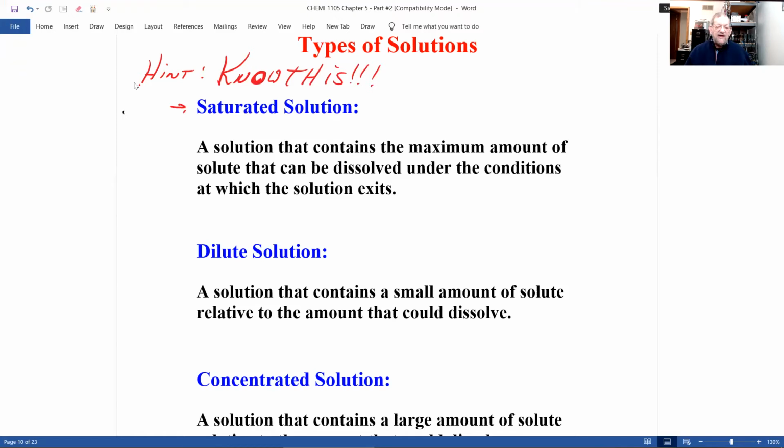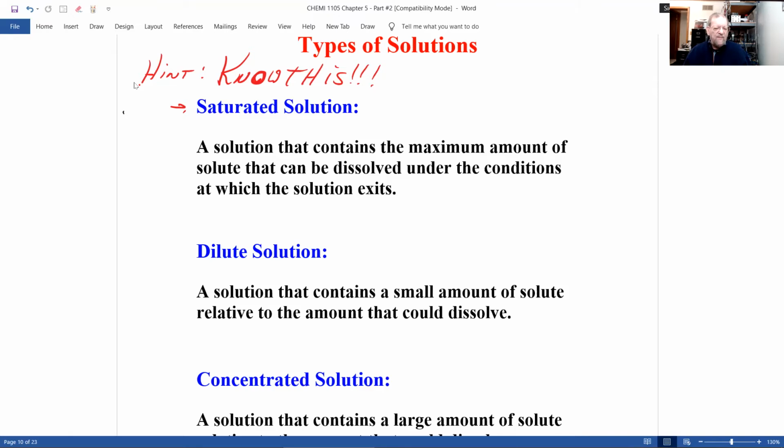That's a solution that contains the maximum amount of solute that can be dissolved under the conditions in which the solution exists. So if you have a saturated solution, you cannot dissolve one more molecule into that solution. If you do, it will precipitate out. Precipitate means a solid forming in a liquid, which I'm assuming the solution is in this case.